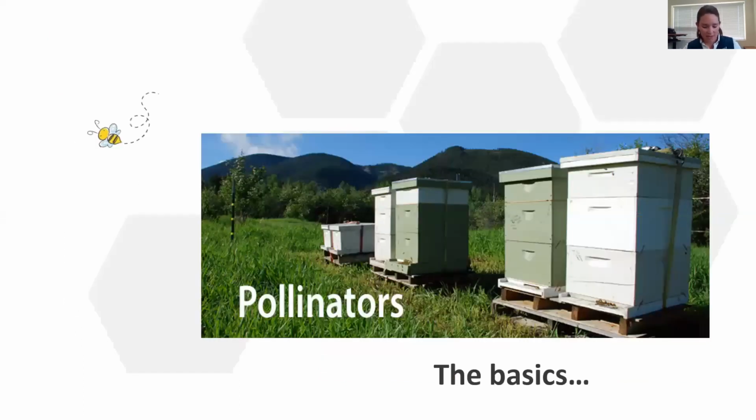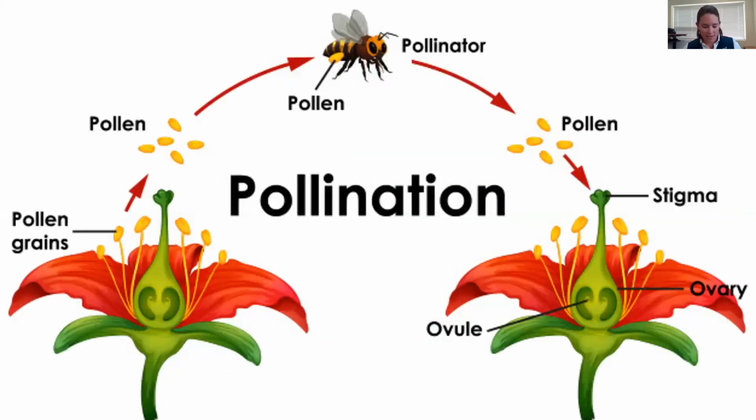All right, well, let's talk about those pollinator basics. Let's start with a refresher of what pollination is. So pollination is basically when pollen, which contains the genetic information for plants, is transferred from one flower to the next. It's transferred from the anther, which is the male part of the flower, to the stigma, which is the female part of the flower, via a vector or a pollinator.